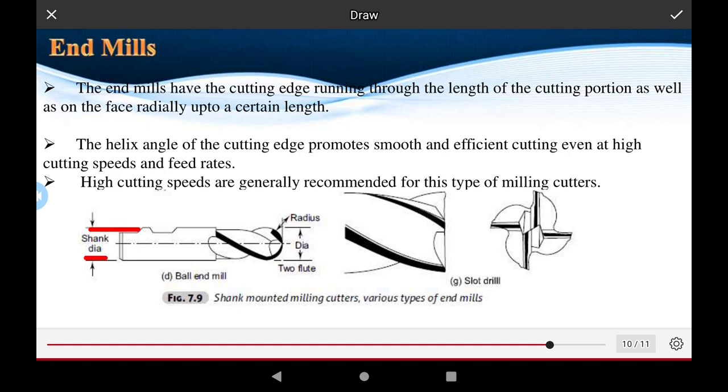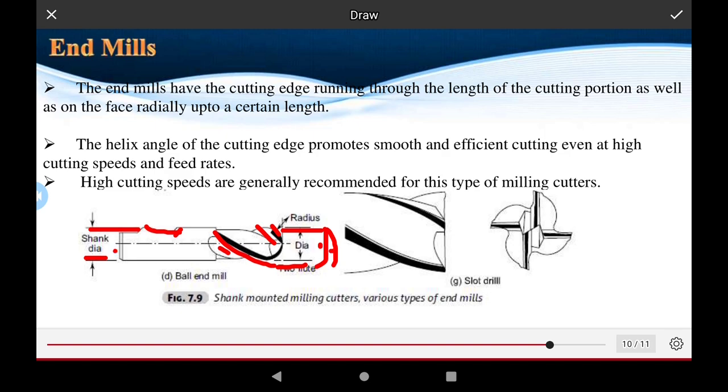And this design is made for special design purposes, and for holding the tool in the tool post, and the tool post also holds the tool very strongly. And this is a special design for removing material. This is the diameter of the tool, and this is the radius of the tool.